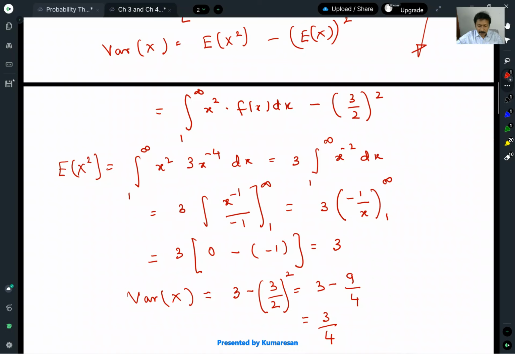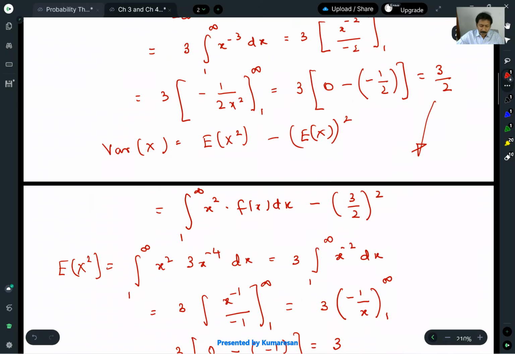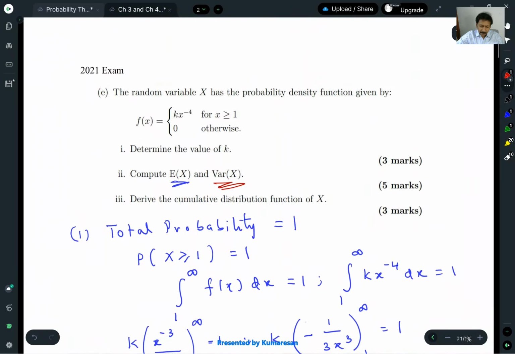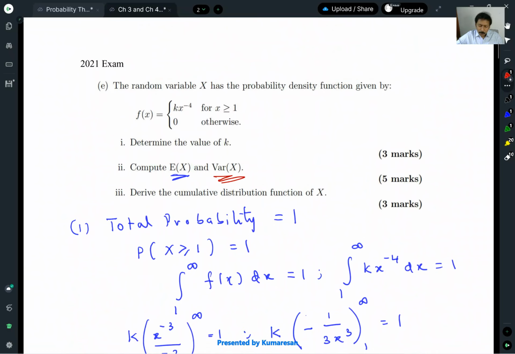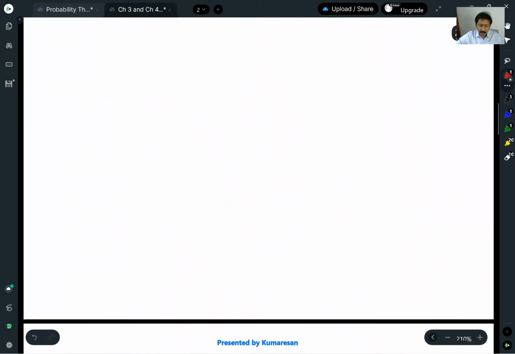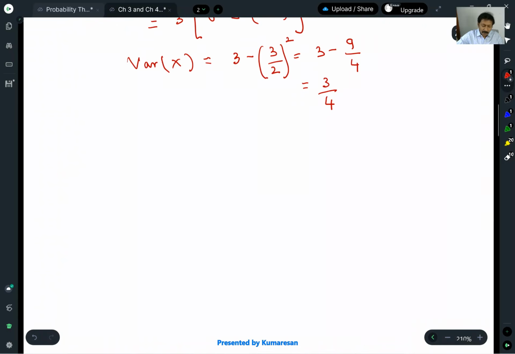Okay, the next question. So we have found the expected value of x and the variance of x. The next question is, derive the cumulative distribution function of x. So what is the cumulative distribution function? The cumulative distribution function, denoted as CDF, is the uppercase F of x.